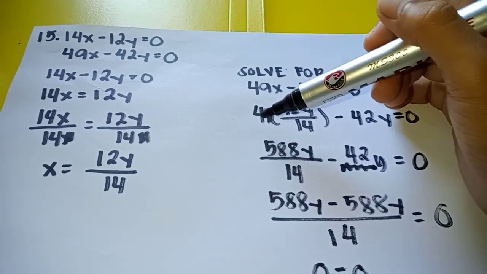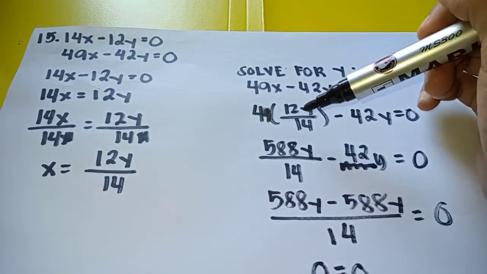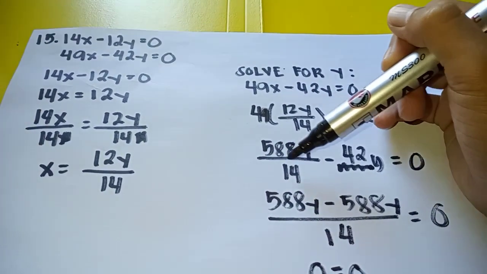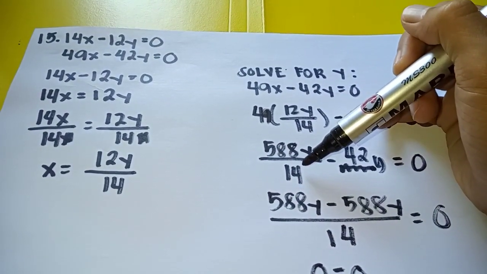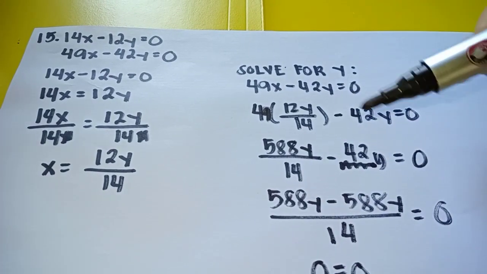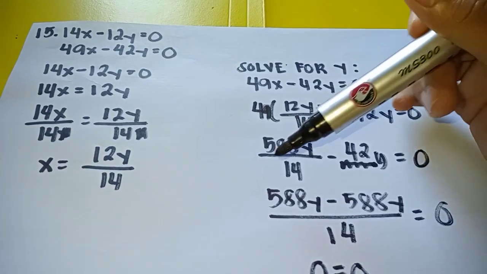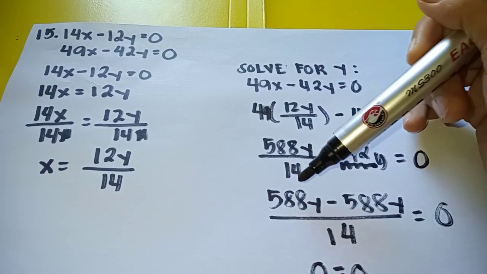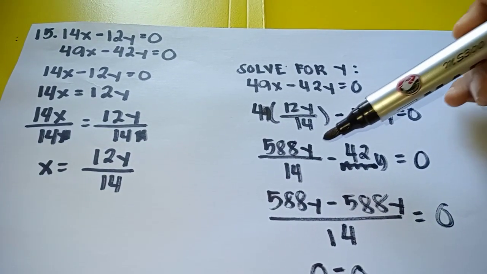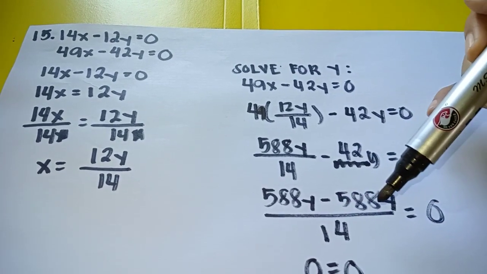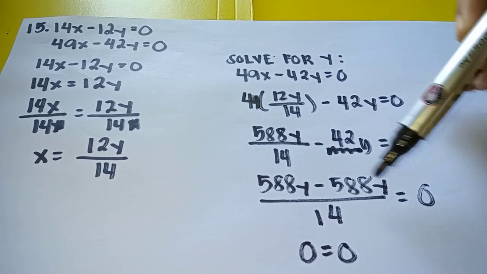So 49 times 12y is equal to 588y, and then over 14 minus 42y equals 0. And then copy 588y. 14 times 42y is equal to negative 588y equals 0.